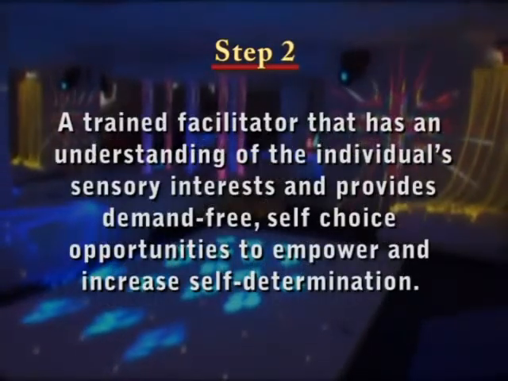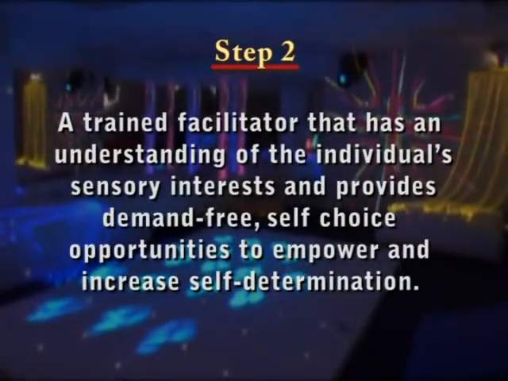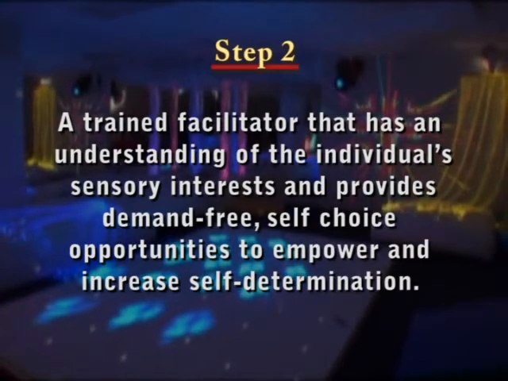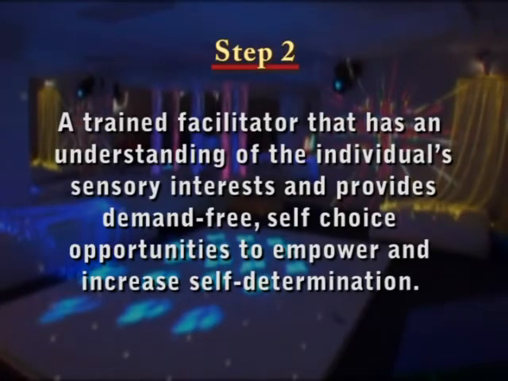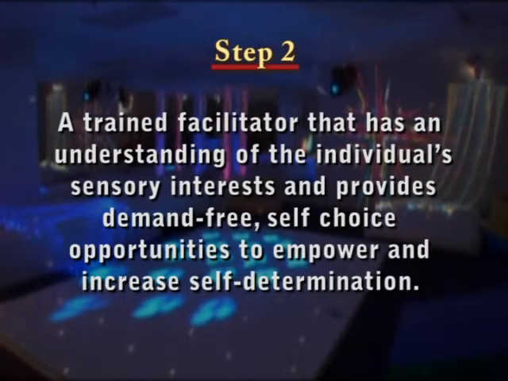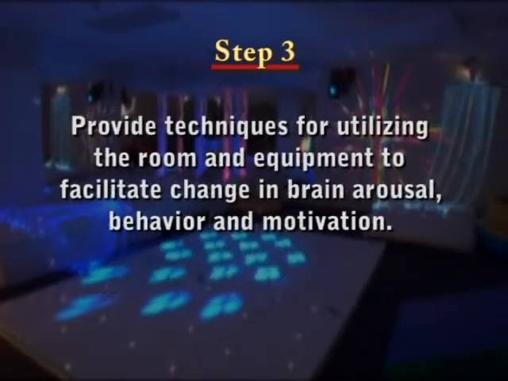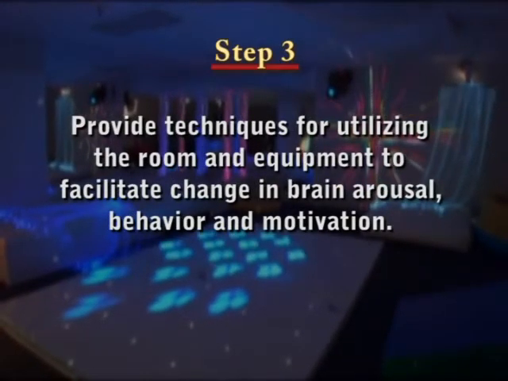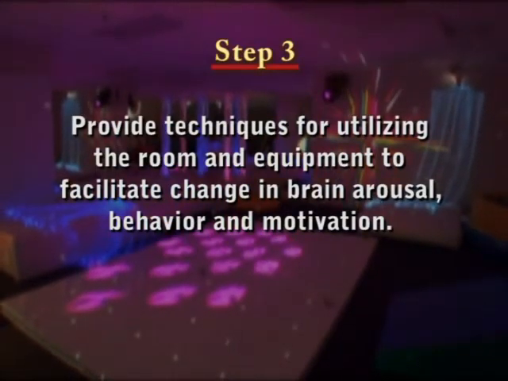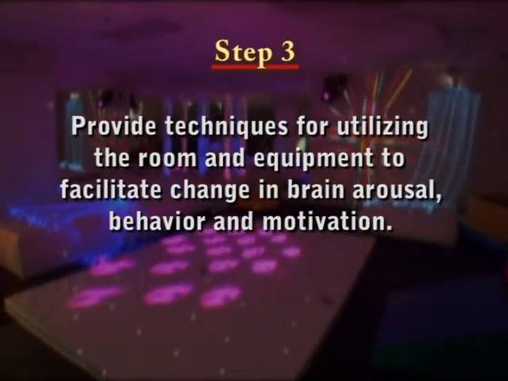The second step is a trained facilitator that has an understanding of the individual's sensory interests and provides demand-free self-choice opportunities to empower and increase self-determination. The third step is to provide techniques for utilizing the room and equipment to facilitate change in brain arousal, behavior, and motivation.